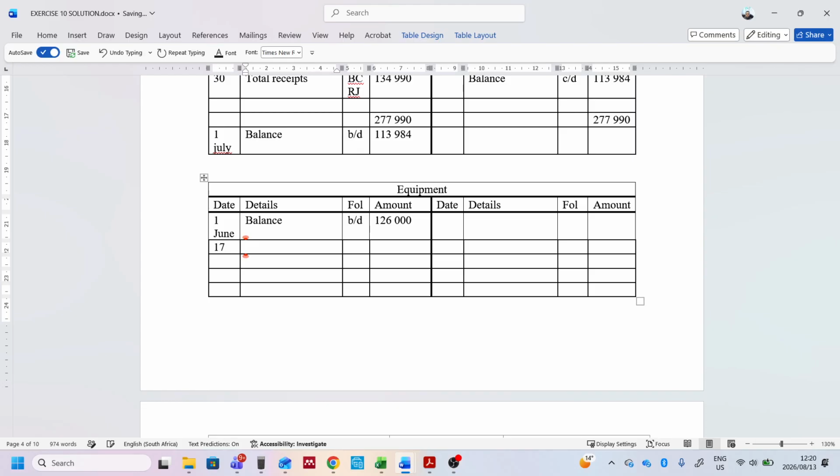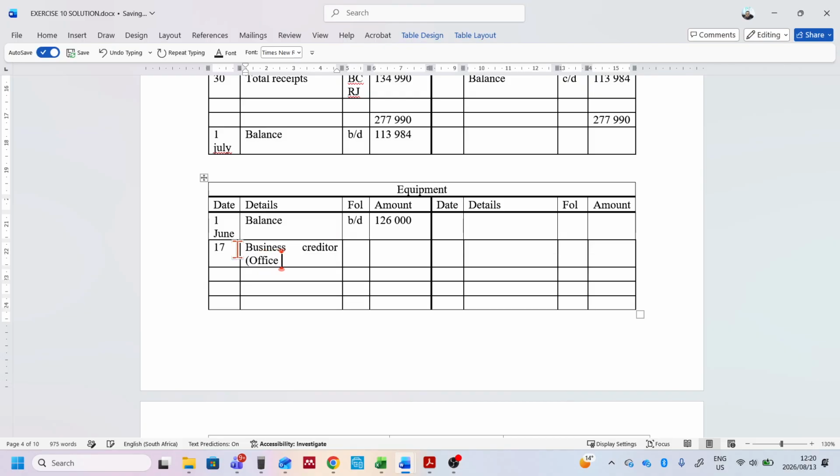And then equipment is being debited. What is the account that is now being credited? Business creditor. So you indicate we received equipment from business creditor, which is Office Equip Limited.